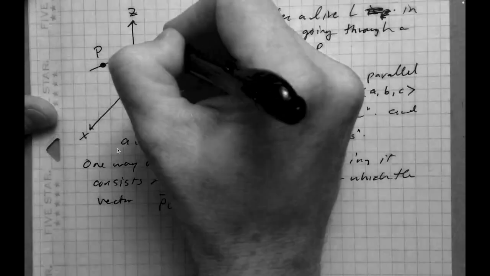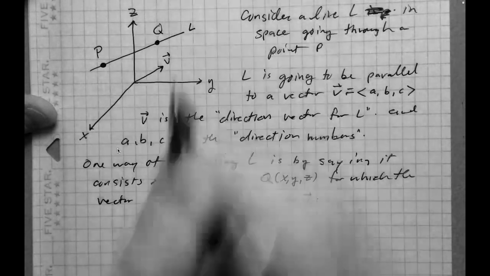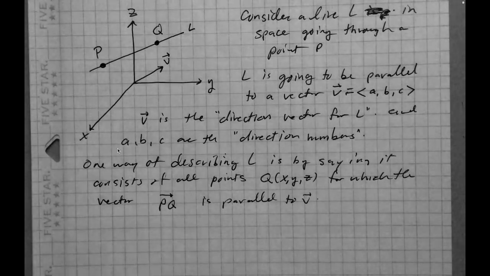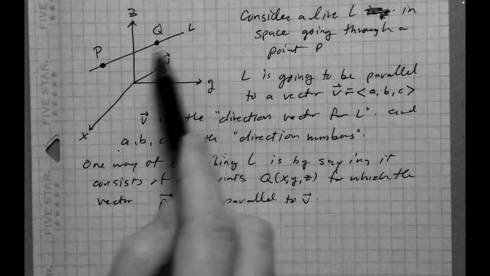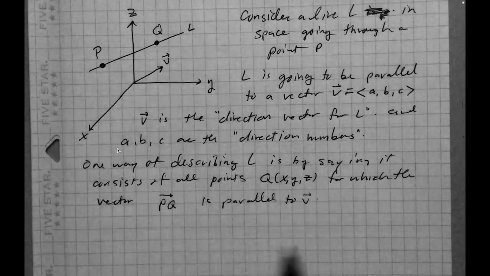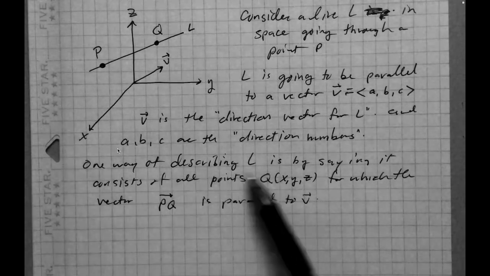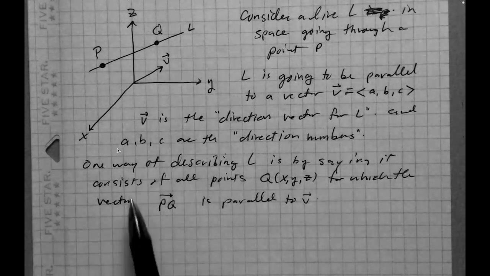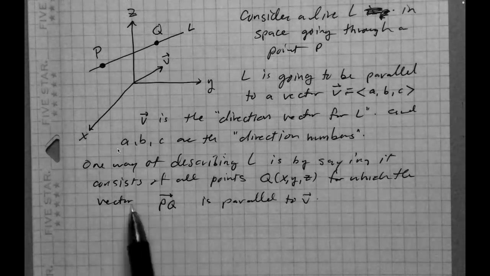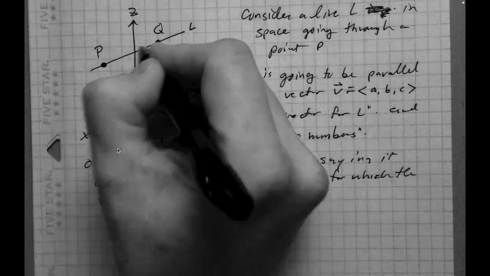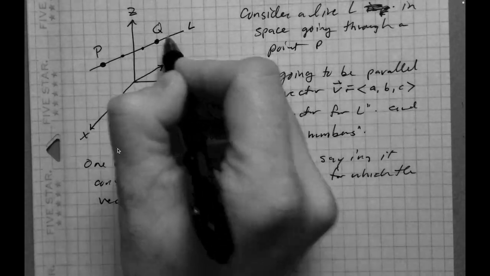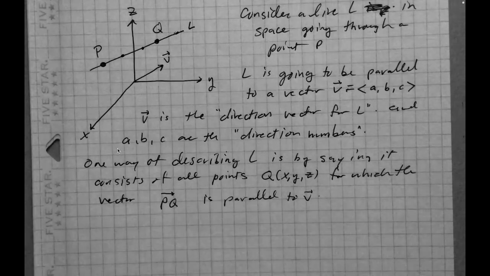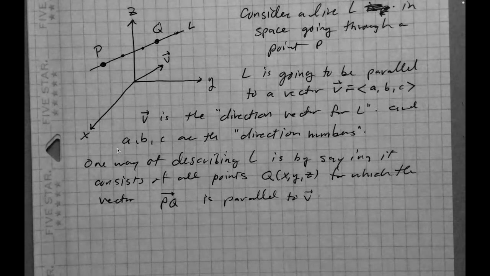Does that make sense? If I put another point on here and call it Q, Q can be any point on the line L. One way to think about L is that it consists of all such points Q, where if you take P and Q and create a vector, that vector would be parallel to v. So Q could be back here, over here, or up here, wherever it happens to be. If it's on L, it's going to form a vector that is parallel to v.